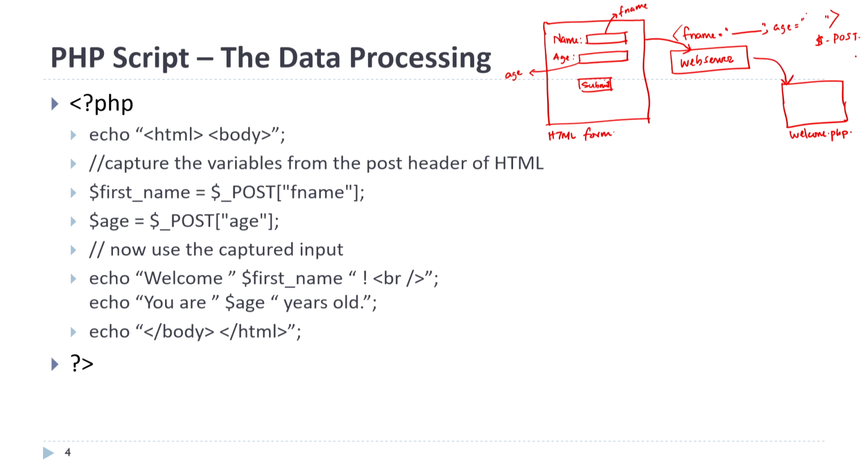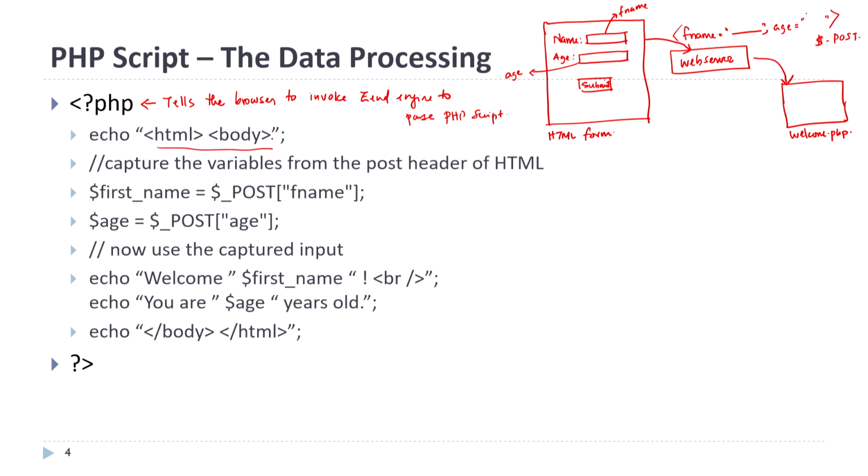So, in the welcome.php, what happens? Okay. So, PHP, this tells the browser to invoke Zend engine to parse the PHP script. Okay. So, we are now going to parse the PHP script. So, first thing is you are echoing HTML and body.